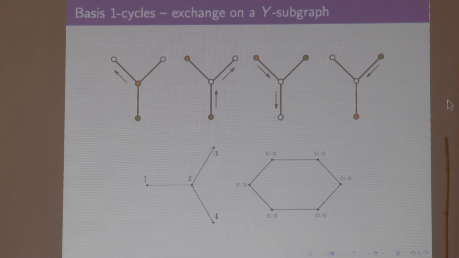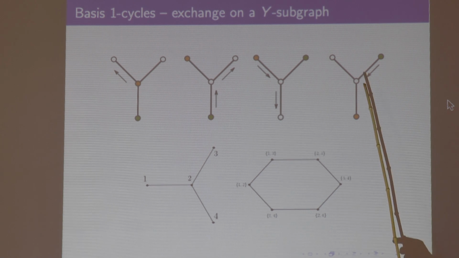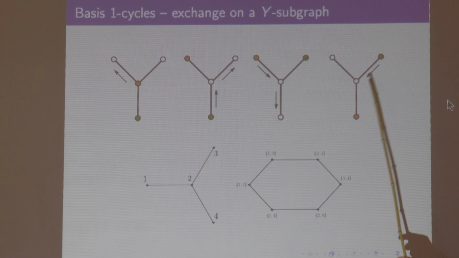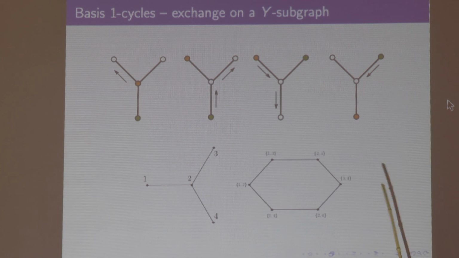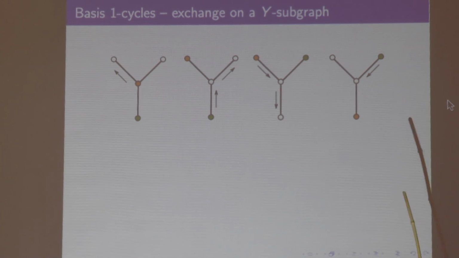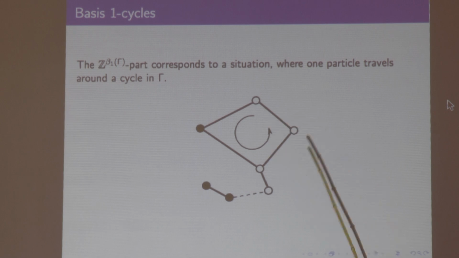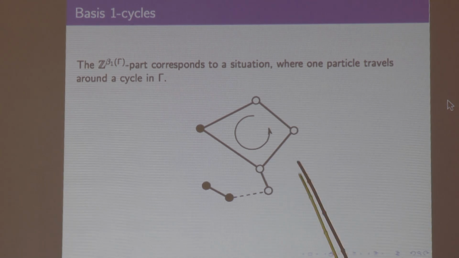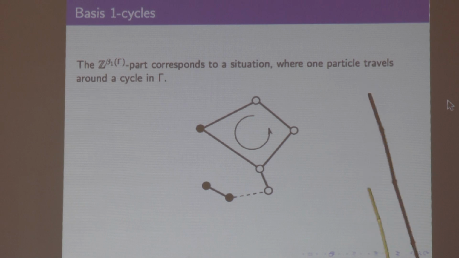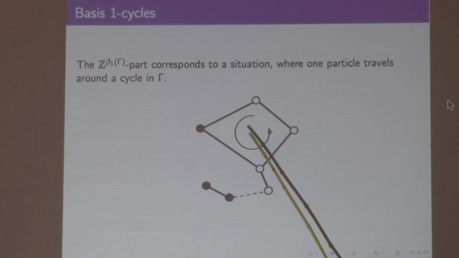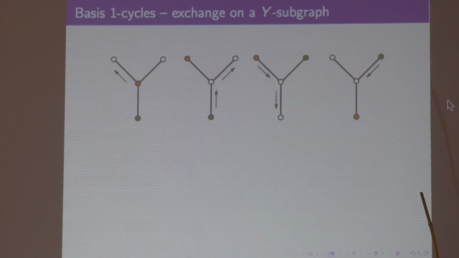Okay, so to sum up, we have those one cycles. Let's look at this classically, when particles move just between vertices, and this is the exchange. This was one exchange, this was another possibility, but this gives rise to some trivial ones because they do not really exchange those particles. It's just one circling around.